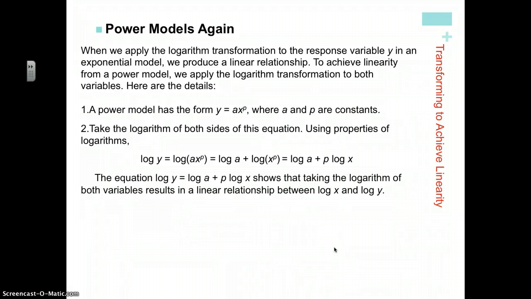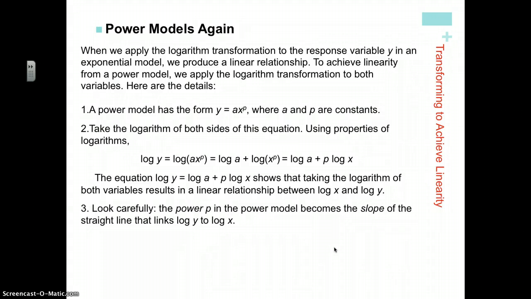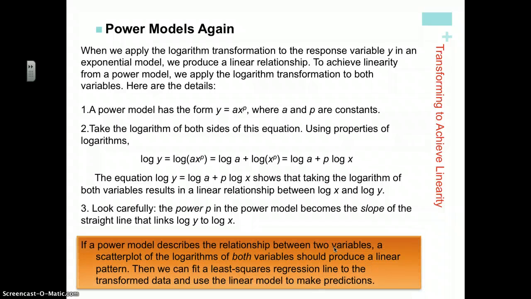The equation log y equals log a plus p log x shows that taking the logarithm of both variables results in a linear relationship between log x and log y. Look carefully. The power p in the power model becomes the slope of the straight line that links log y to log x.